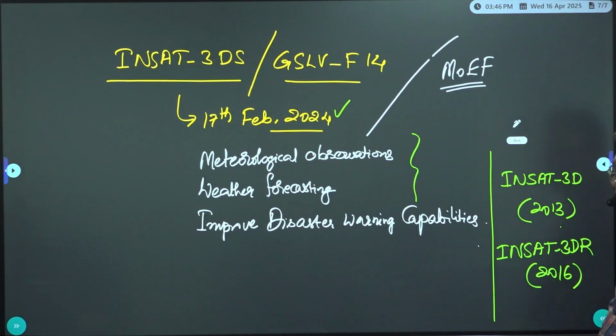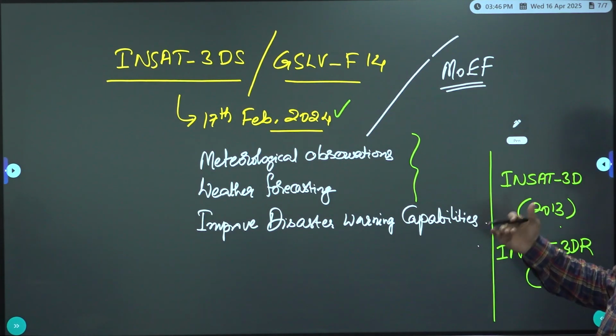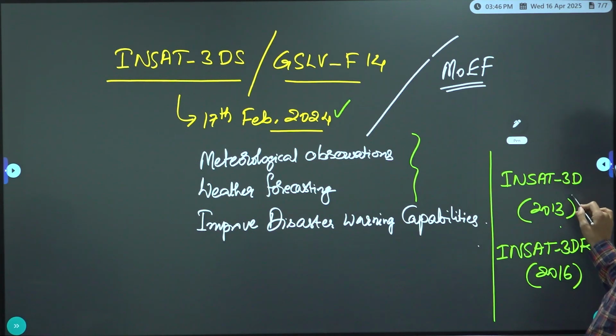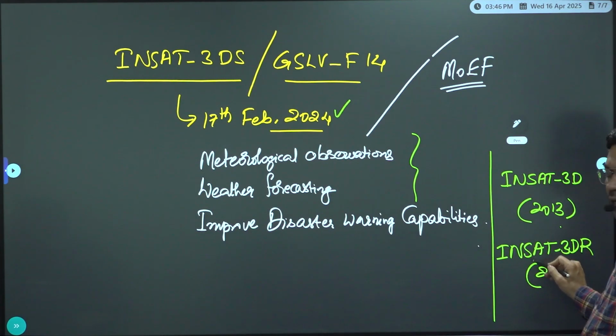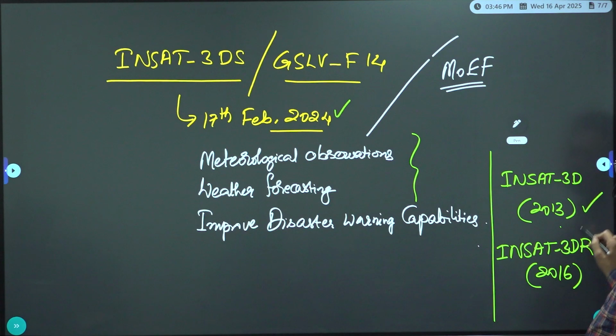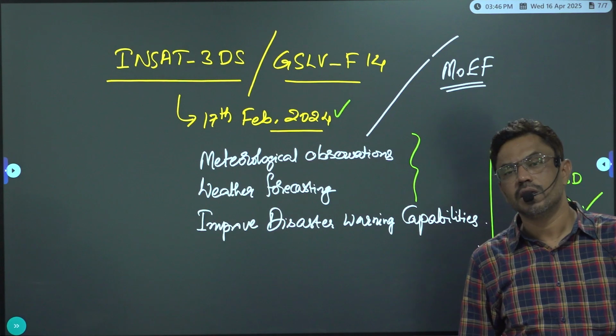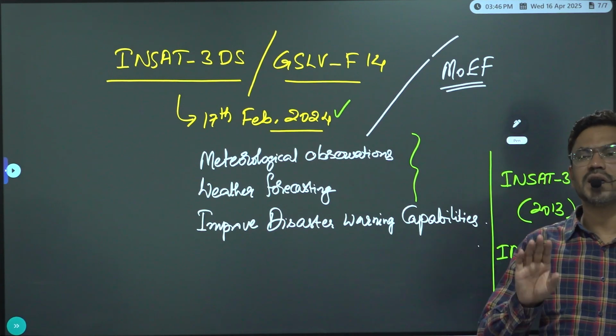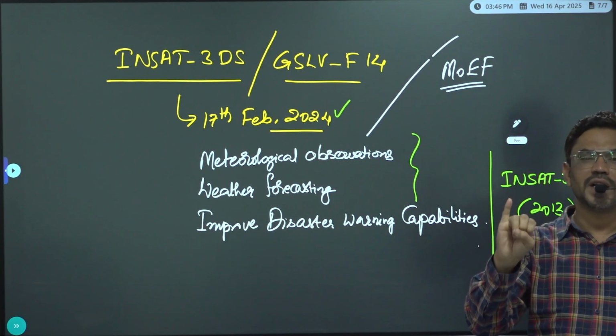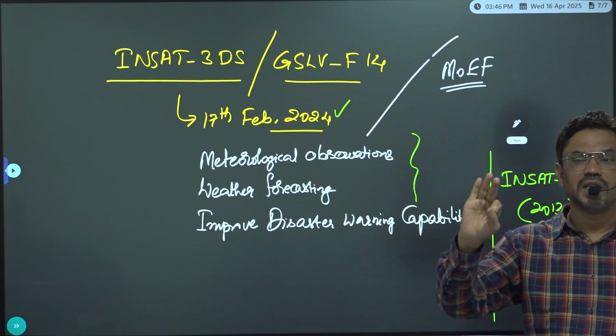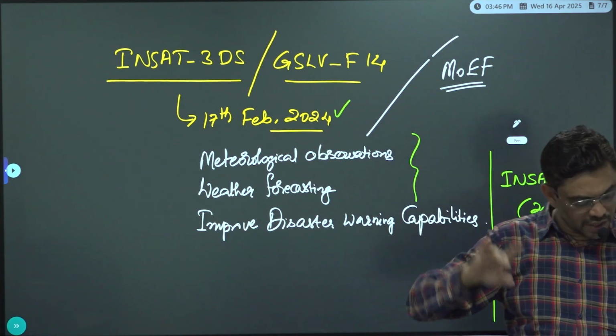The other existing meteorological satellites are INSAT 3D, launched in 2013, and INSAT 3DR in 2016. So simply remember, the weather satellites include INSAT 3D, INSAT 3DR and INSAT 3DS. Okay, just remember this one.